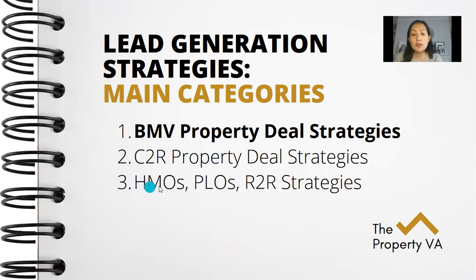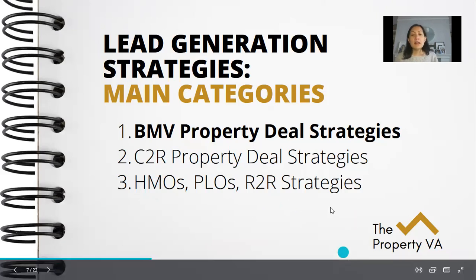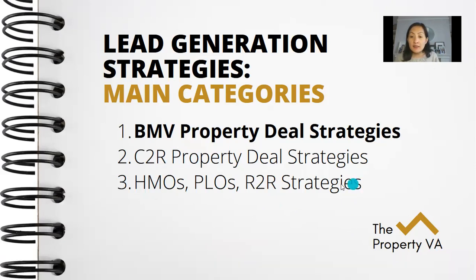And then the third one, I haven't got a group name for this strategy. So for the time being, I'm simply calling it HMOs, PLOs, and rent-to-rent strategies. In many ways, it's the most complicated, but it's actually still very simple to understand.